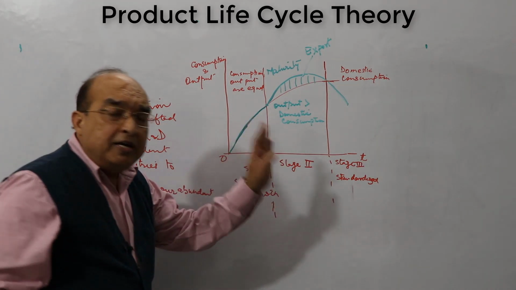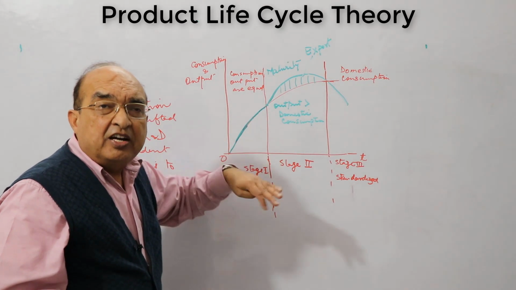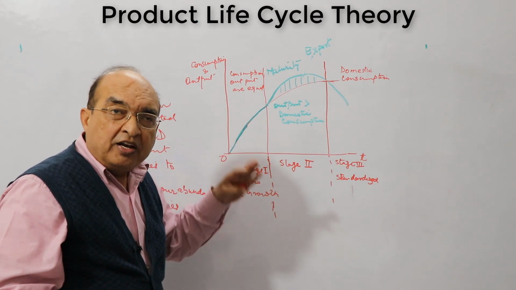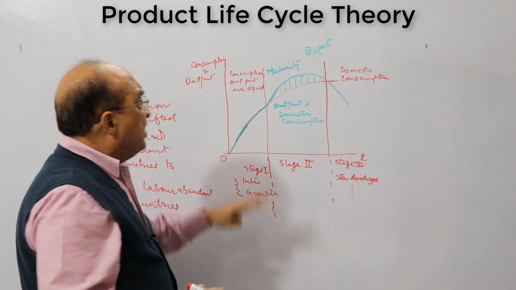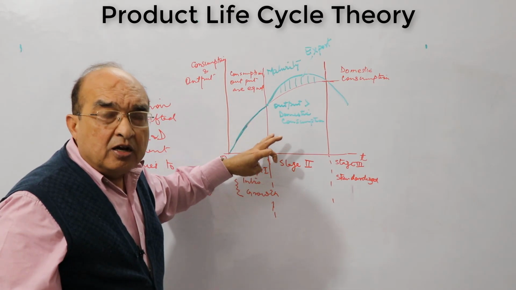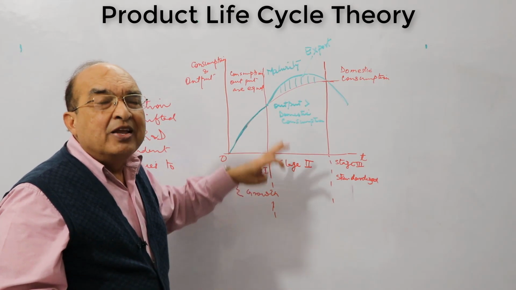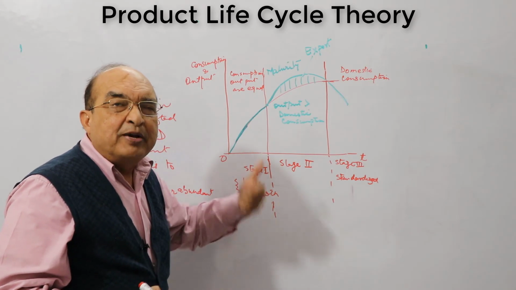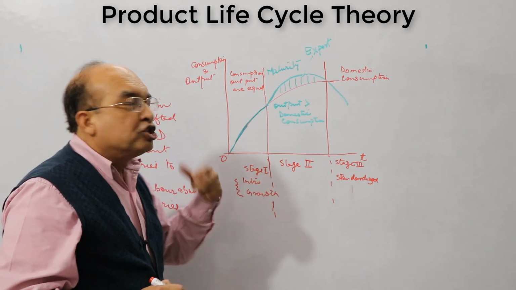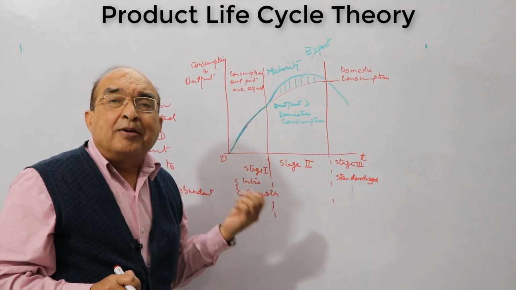That means if you continue to produce the good in the country of its origin, where it was originally invented, modified, and taken to the maturity stage, its cost will be more, because these countries are largely rich in capital that enables them to spend more and more on research and development and on the promotion of the good, but they are not labor abundant countries.